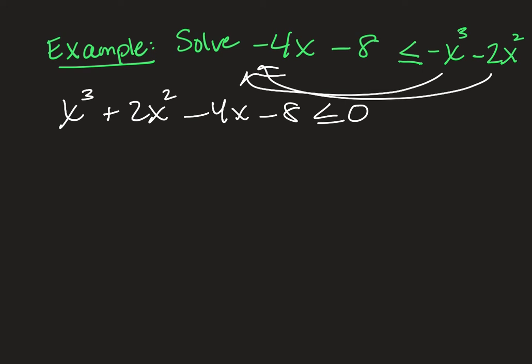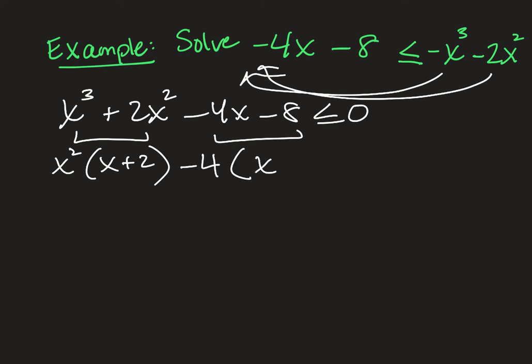I'm trying to sprinkle in as much factoring practice with these as we can get. You're going to see this example will practice factoring by grouping. We have 4 terms here, so let's factor this up. Between the first 2 terms, I will pull out an x squared, and I'll be left with x plus 2. On this one, I'm going to pull out as much as I can, which will be a minus 4, and I'm left with an x plus 2.